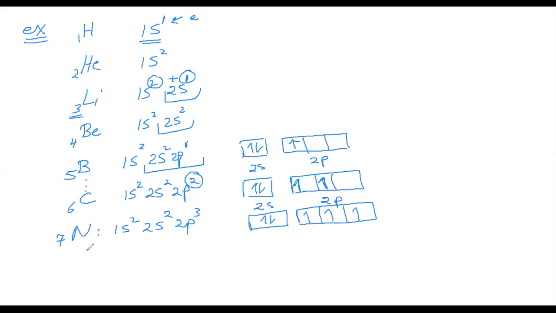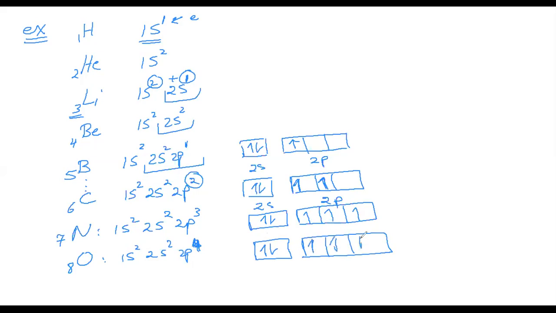Now, when we come to oxygen, which is 1s2, 2s2, 2p4, in this case, we have to pair the fourth electron because the p subshell can accommodate up to 6 electrons. So here we have 4 electrons. We have to draw the first 3 like this, and then the fourth will be paired.